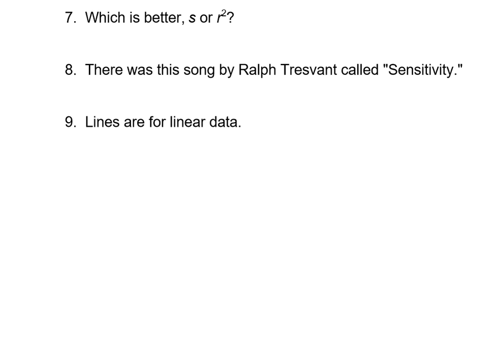Next warning. There's a song by Ralph Tresvant called Sensitivity. The value of the correlation coefficient, as well as the values for the intercept and the slope of the least squares line, can be sensitive to influential observations in the data set, particularly if the sample size is small.